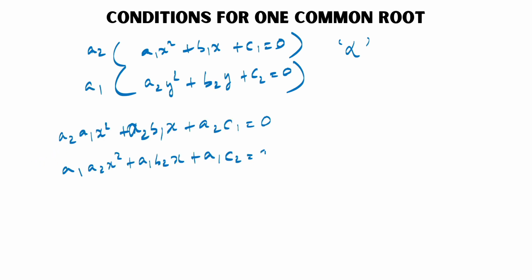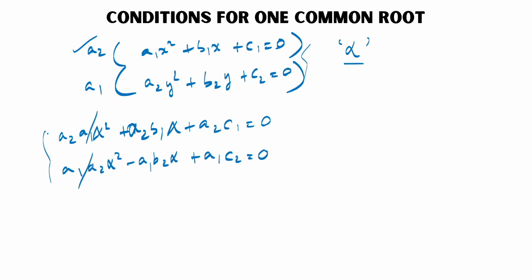Since we have assumed the common root as alpha, we substitute x with alpha. After substitution we get a2a1 alpha square plus a2b1 alpha plus a2c1 is equal to 0, and a1a2 alpha square plus a1b2 alpha plus a1c2 is equal to 0.